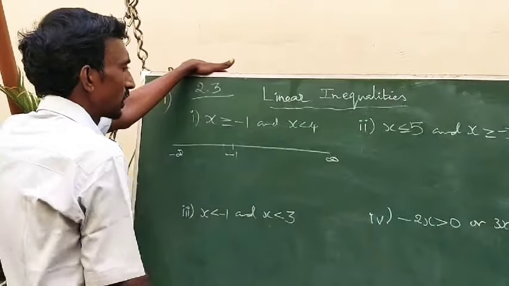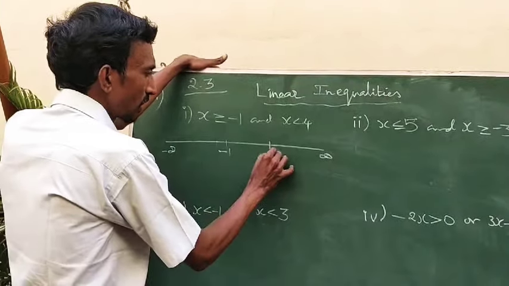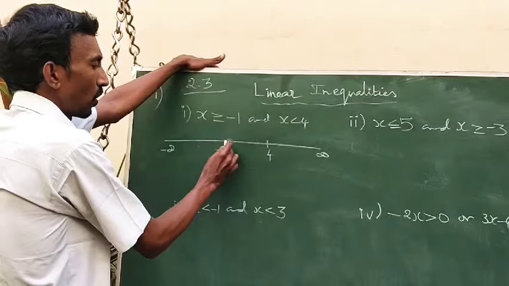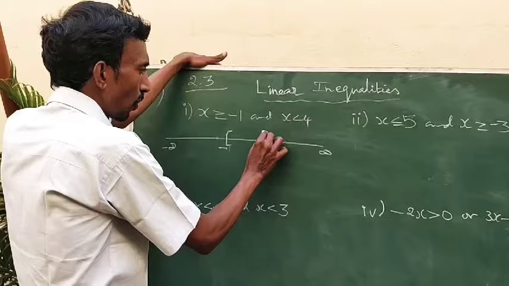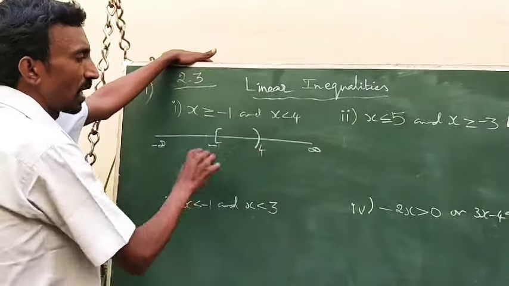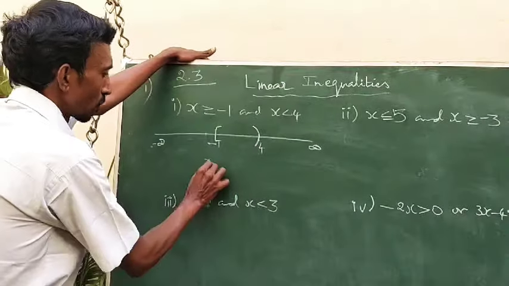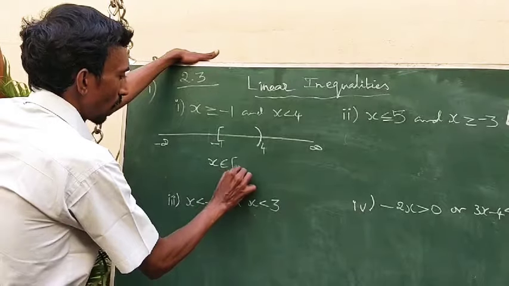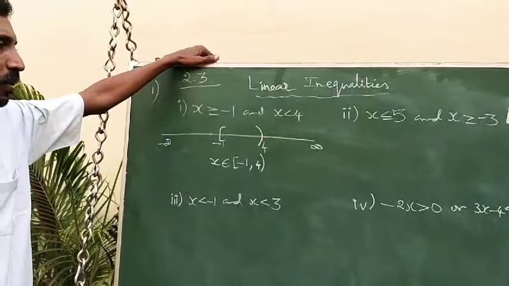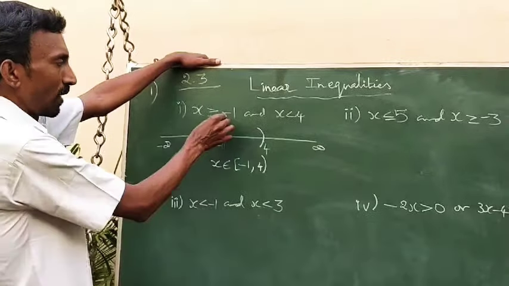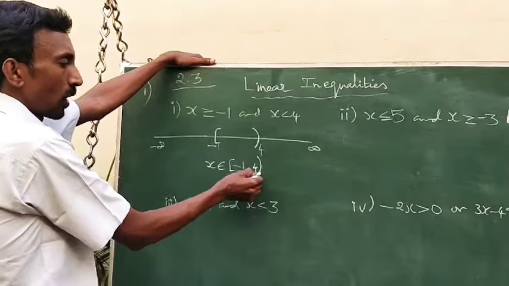Minus 1 is here and 4 is here. Greater than or equal to minus 1, we have to include minus 1. Less than 4, we have to exclude 4. So x belongs to closed minus 1, comma, open 4. It is the interval notation. Minus 1 is included, 4 is excluded.